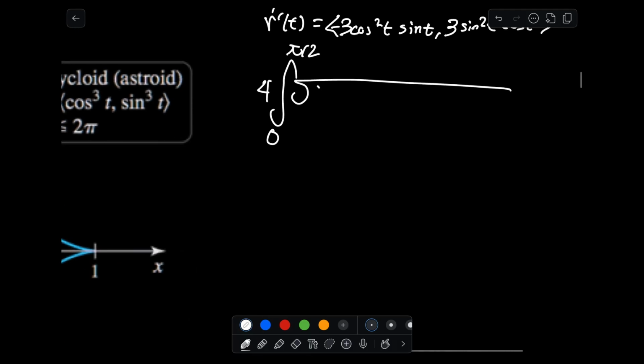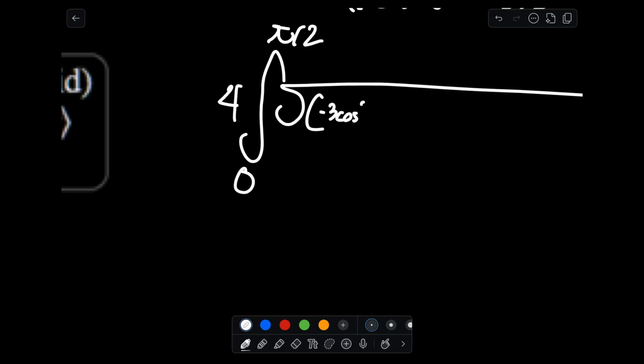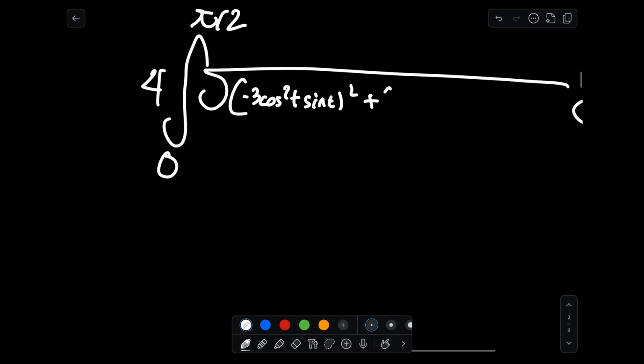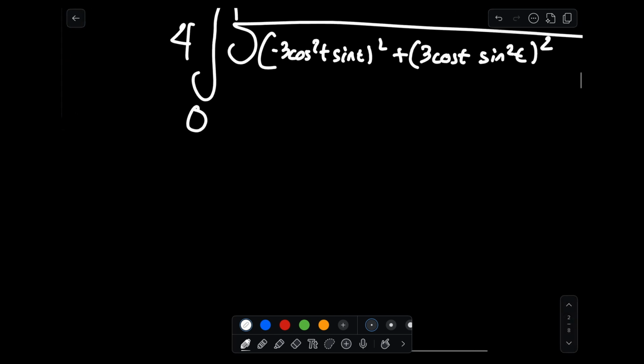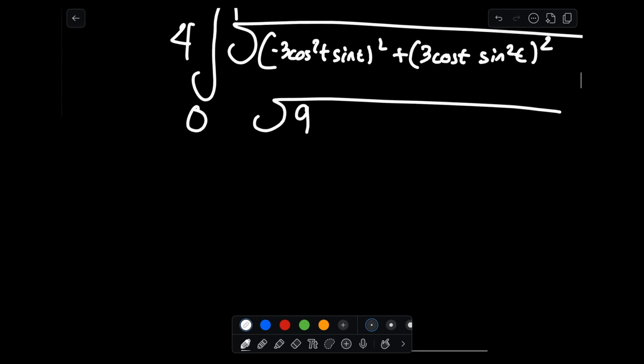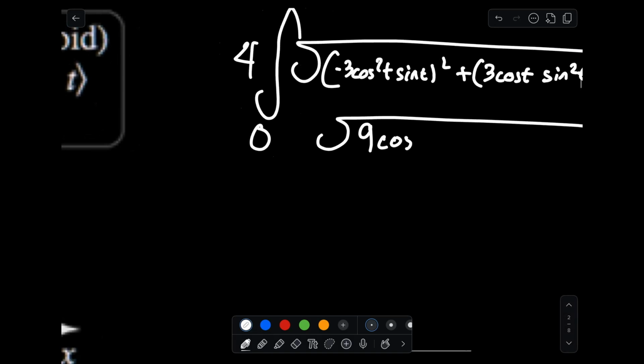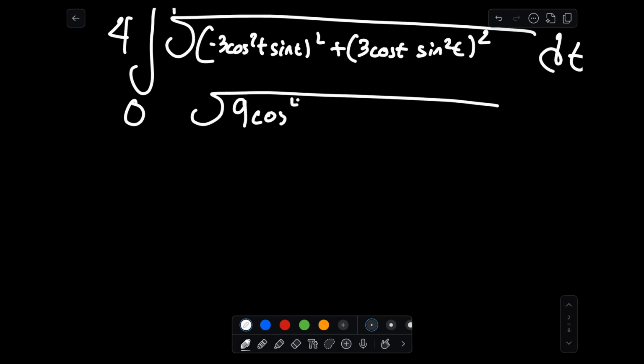Square everything out. dt. This is going to be negative 3 cosine squared t sine t squared. And this is going to get us some nasty algebra that we have to work through, but part of the struggle is the algebra, so we're going to work through that ourselves.